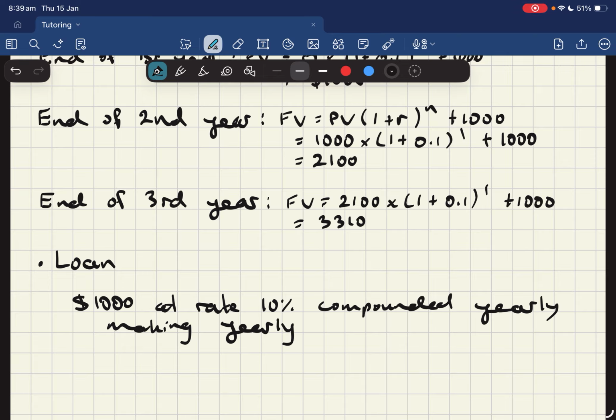I'm just keeping it in years just to make it easier so we don't have to worry about different compounding periods. Yearly repayments of, I don't know, $250. I'm just picking really small, easy numbers to work with.